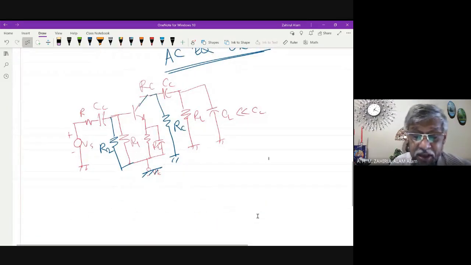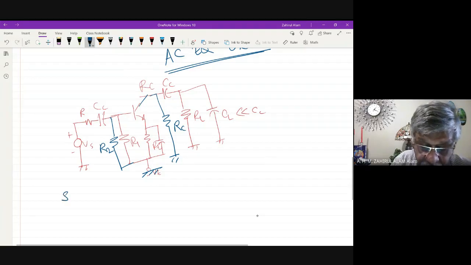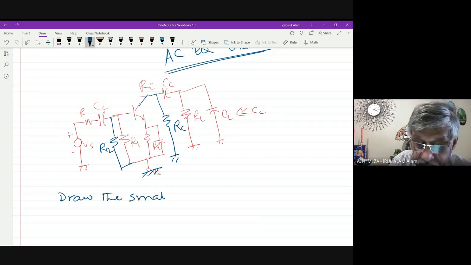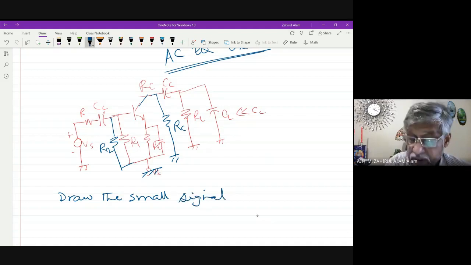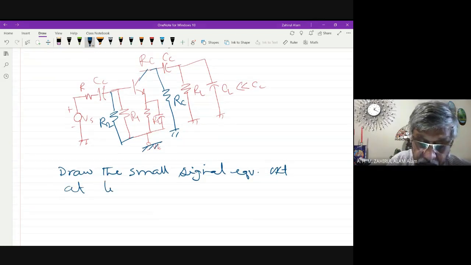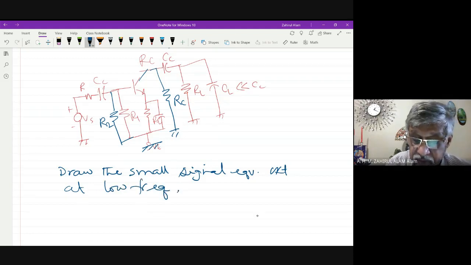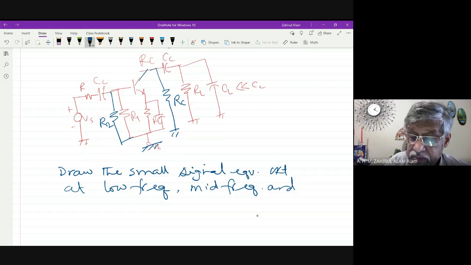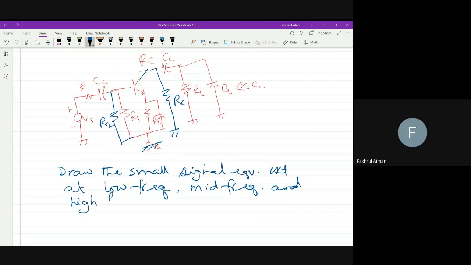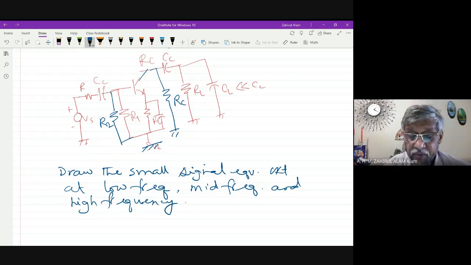Now if I asked you to draw the equivalent small signal circuit at low frequency, mid frequency, and high frequency, can we draw this one?